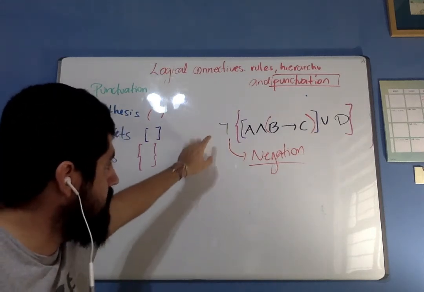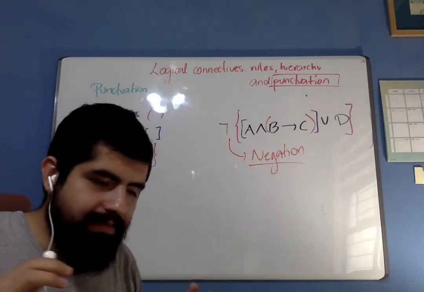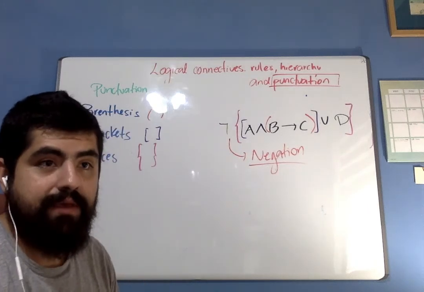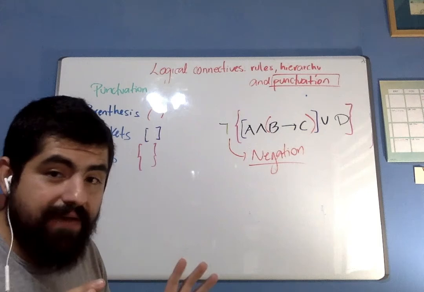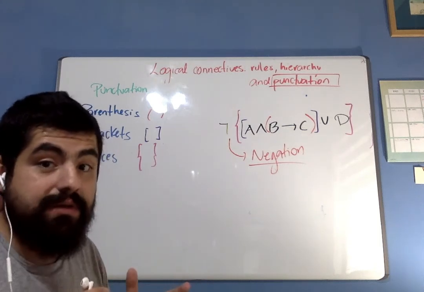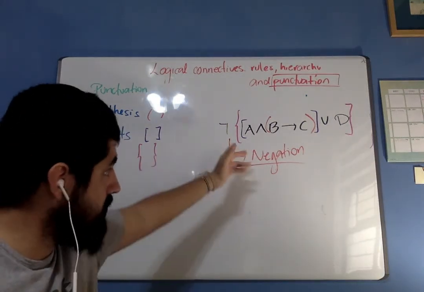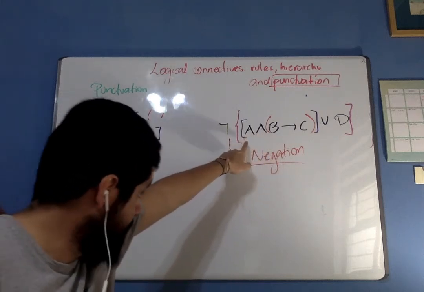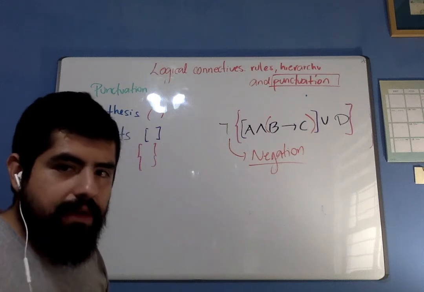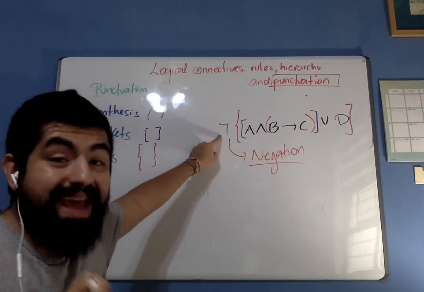Imagine that, as I said, the negation is the logical connective that has the least dominance. In that sense, if we don't have punctuation marks, actually the weakest logical connective is the negation. But if we use punctuation marks, as you can see with the parentheses, brackets, and braces, now the final, dominant logical connective is going to be this one, the negation.